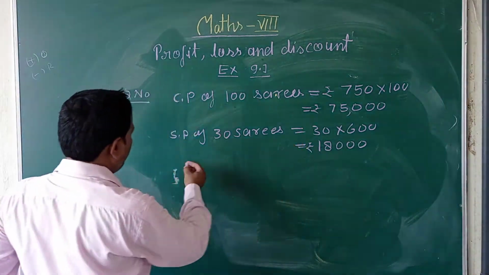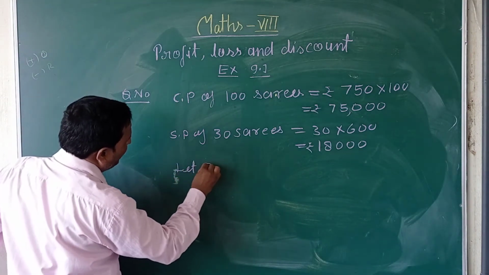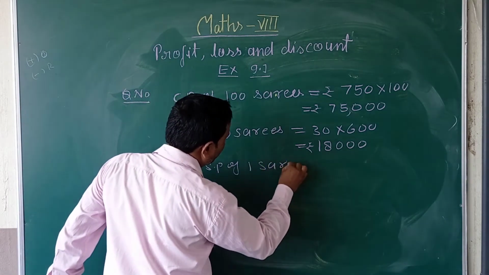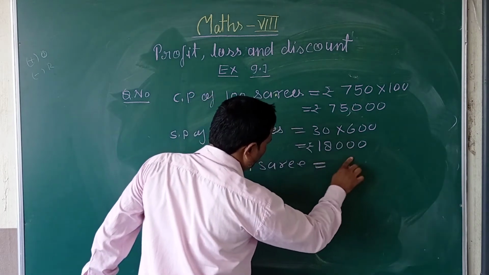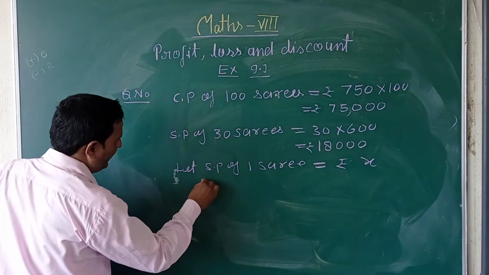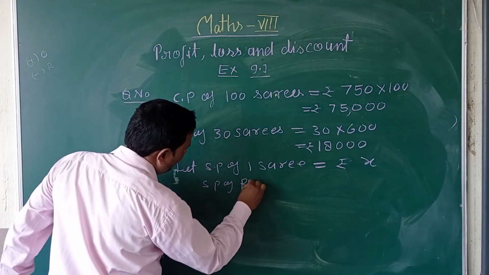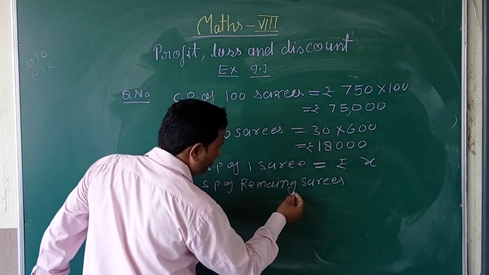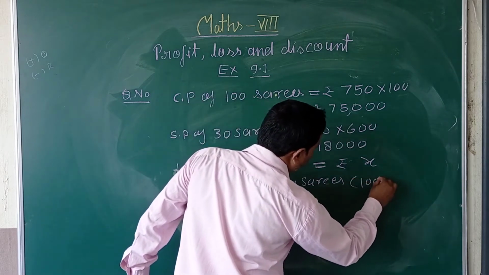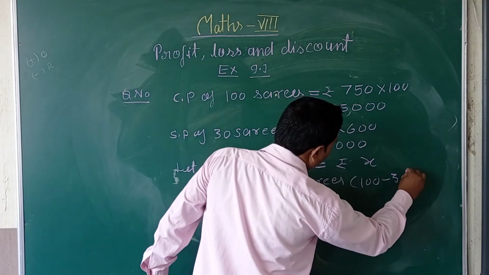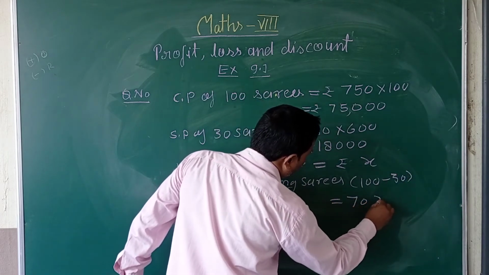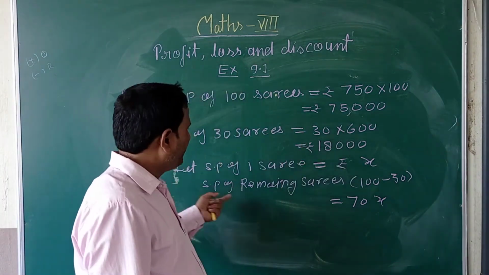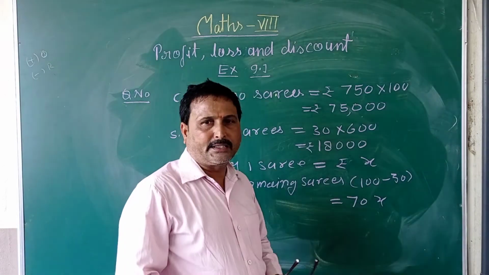Let the SP of one saree be X rupees. Then the SP of the remaining sarees: how many remain? 100 minus 30, that will be 70. The SP of one saree is X, then for 70 sarees it is 70x rupees.